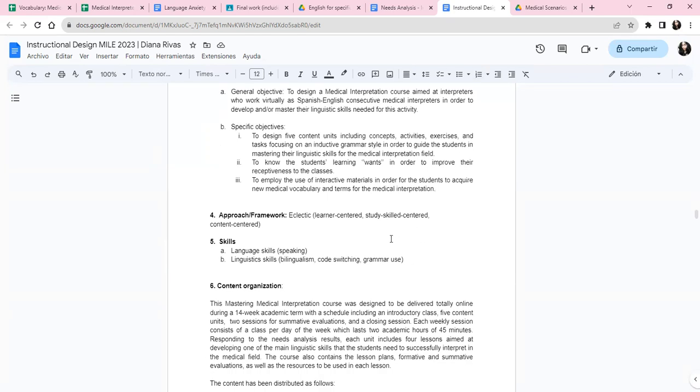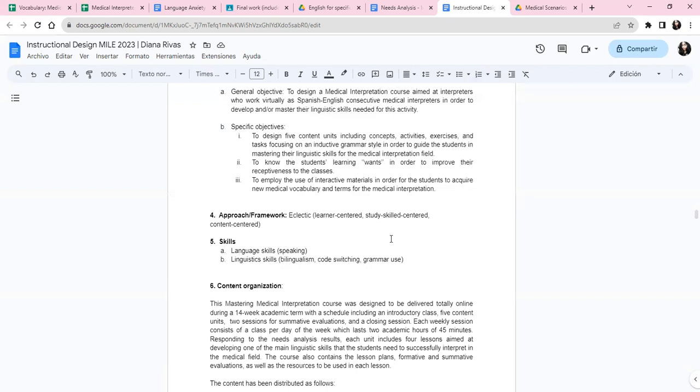And the specific objectives would be to design 5 content units, including concepts, activities, exercises, and tasks, focusing on an inductive grammar style in order to guide the students in mastering their language skills for the medical interpretation field.